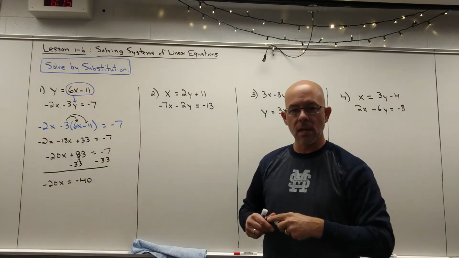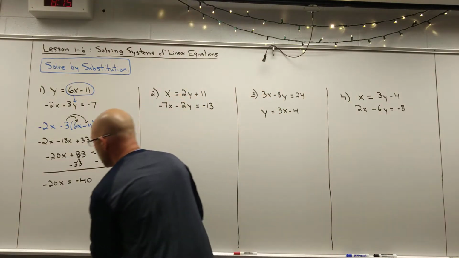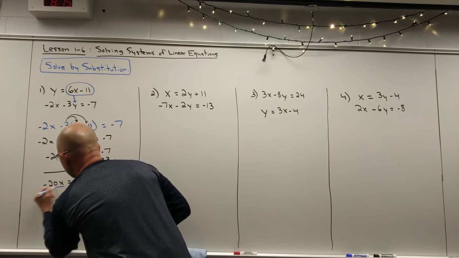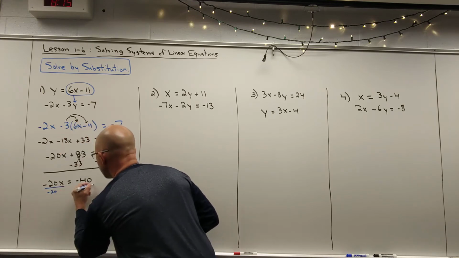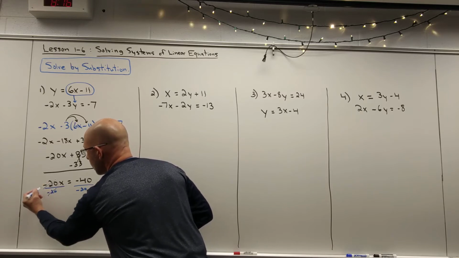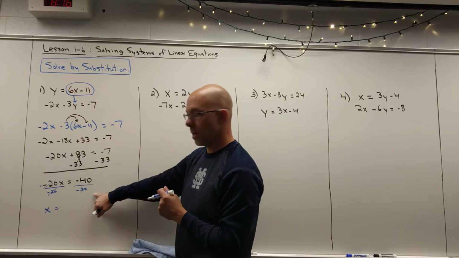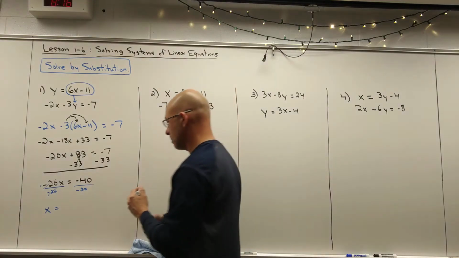And you can start to see, okay, this is going to work out fairly nicely. Divide both sides by negative 20. Negative 20 divided by negative 20 is positive 1, so x, and negative 40 divided by negative 20 is positive 2.